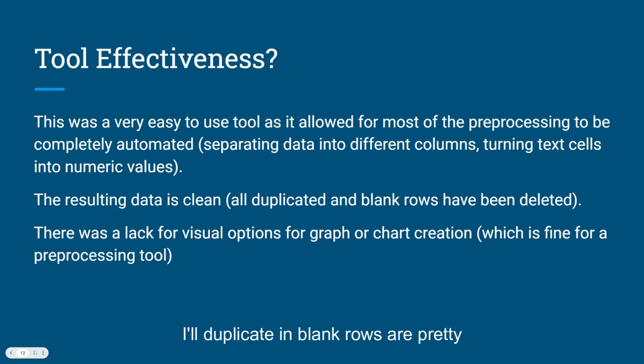All duplicates and blank rows are pretty much gone, and unfortunately there was a lack of visual options for turning the data we had into graphs, which is fine for a pre-processing tool, but it would have been a nice touch just to have the last bit of usefulness to come out of this tool. But overall, it was an effective tool for pre-processing data, getting rid of duplicates, changing values of numbers, sorting stuff. It was a fairly useful tool.